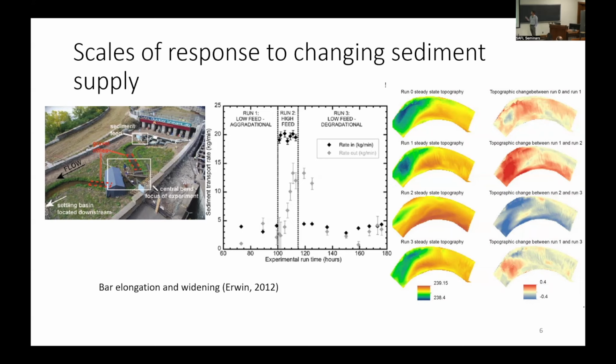And she documented how the bar that had formed in this Outdoor Stream Lab channel aggraded during the aggradational high feed case and then degraded back down. So trying to make connections between the sediment supply and the bar morphology in this relatively well-controlled experimental outdoor situation.